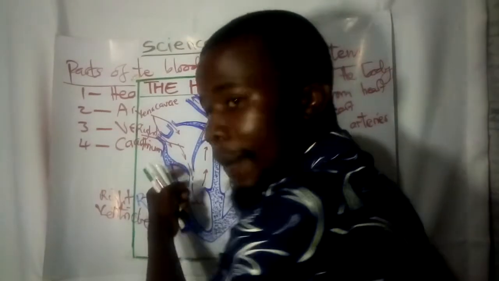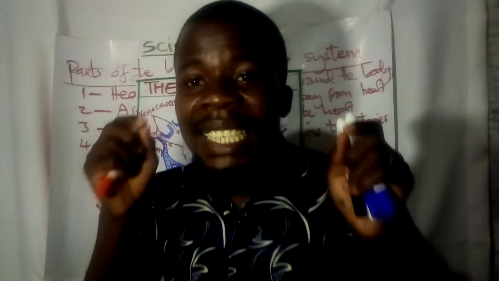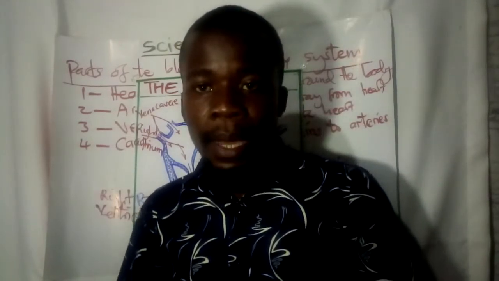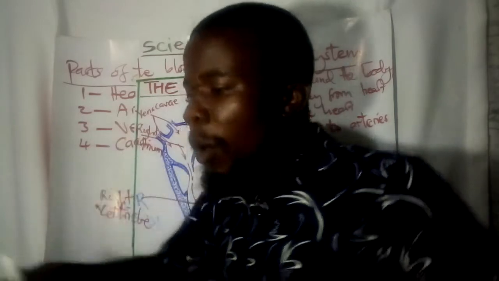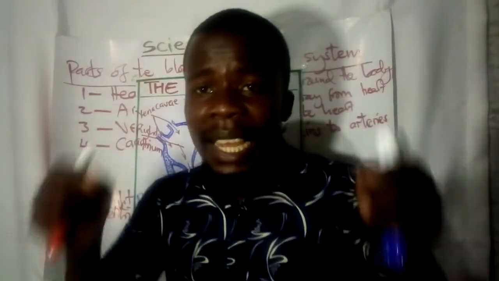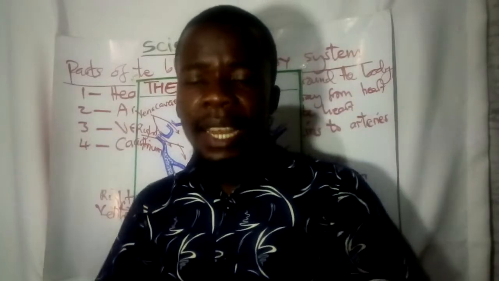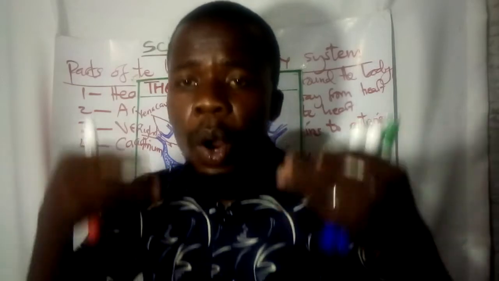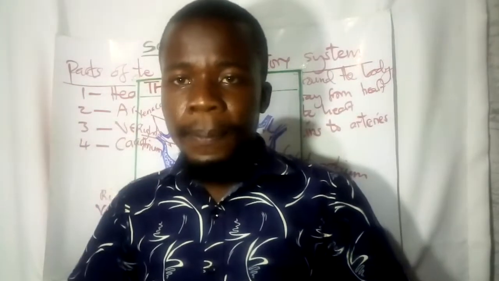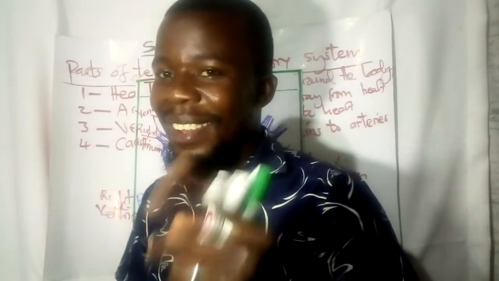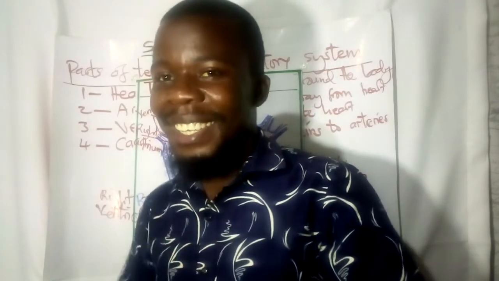Now, the blood that comes from all parts of the body entering the heart through the vena cavae is dark red in color. It is dark red in color because it contains more waste products. Examples of waste products, you remember? Carbon dioxide, urea.